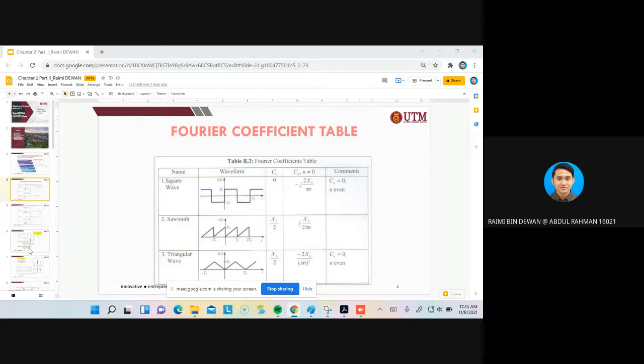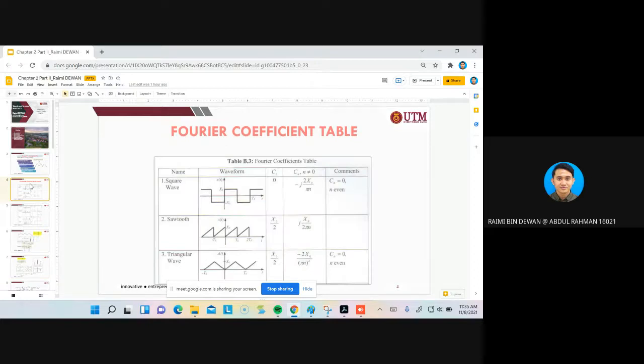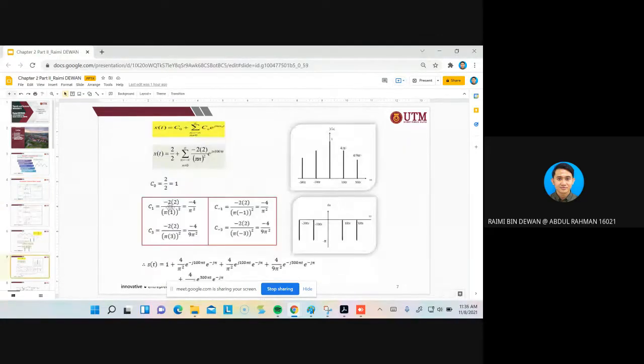In this question, the solution shows only C1, C3, but why is C2 not shown? Why is C2 not calculated? You can respond in the Google chat. If you get it wrong, no worries. It's good to make it wrong now, not during the test.